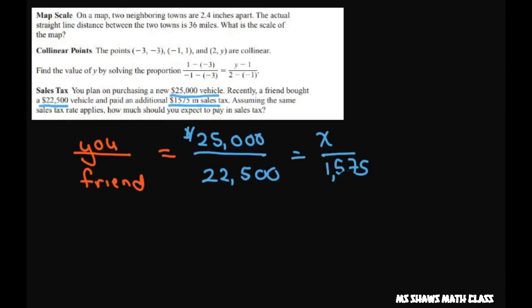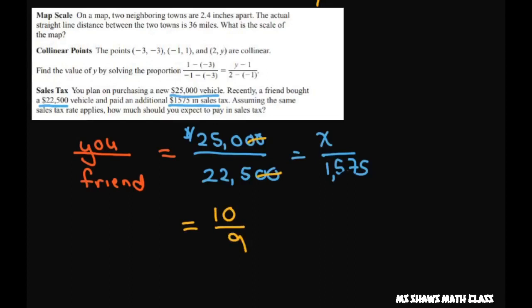So the first thing I want to do probably is reduce the 25,000 divided by 5,000. And that gives you, if you reduce that, 10 equals 10 divided by 9.